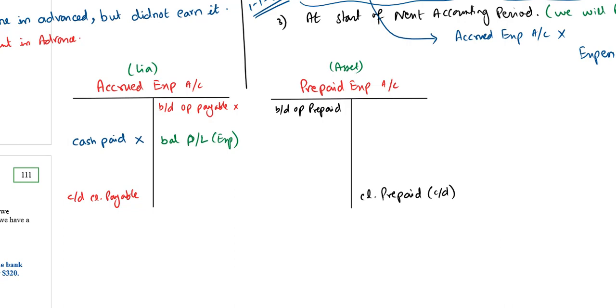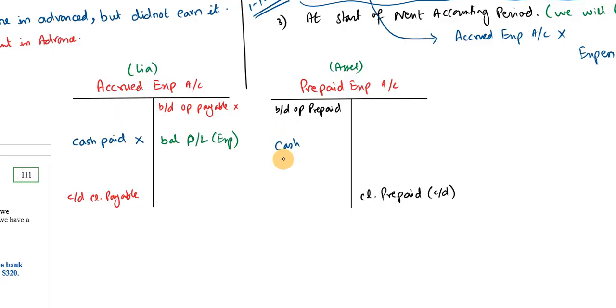So in case of prepaid expense, the cash paid will be written on the debit side, just like the accrued expense.